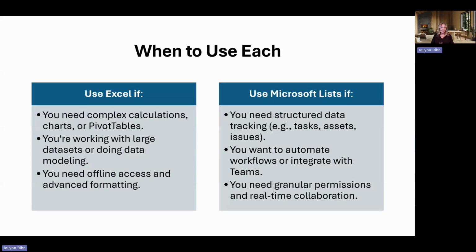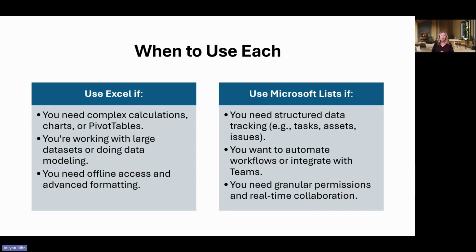If it's a Microsoft list, that's when you stop and think, okay, here's the data that I'm going to be using: structured data for tracking specific information, and you'll see some examples, especially when we look at the templates. If you want to automate workflows or integrate the list with Microsoft Teams or a SharePoint site, that's where you definitely want a list.